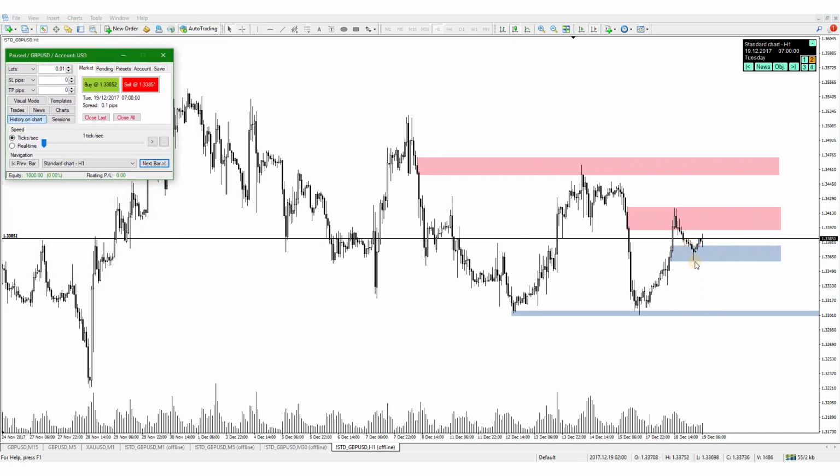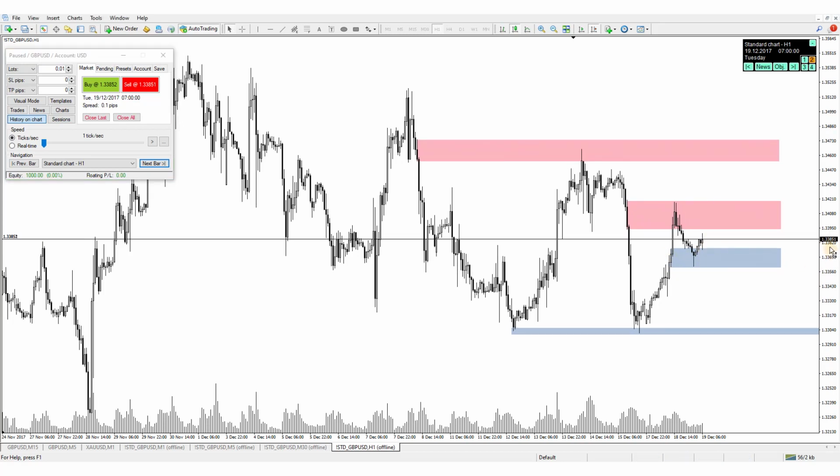So we can see that demand really held the price, that something could be here as pending buy orders left by banks just before the New York session, and now the price is going up.